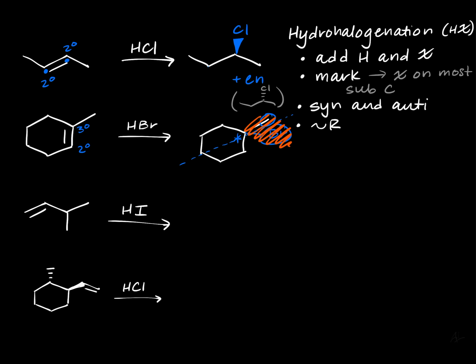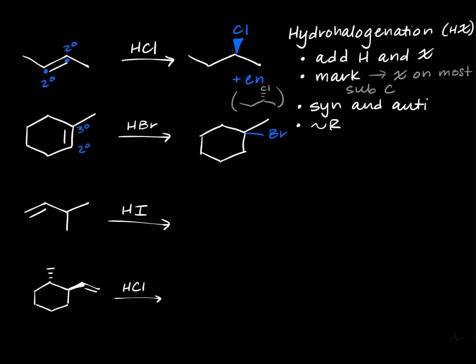There's no difference between this top side of the ring and this bottom side of the ring. And so indeed, this is an achiral atom because those two groups are identical, and we need to have 4 different groups for something to be chiral. So this is achiral, and as a consequence, I don't need to draw plus an enantiomer. In fact, I don't even need to draw wedges and dashes here. This is sufficient.